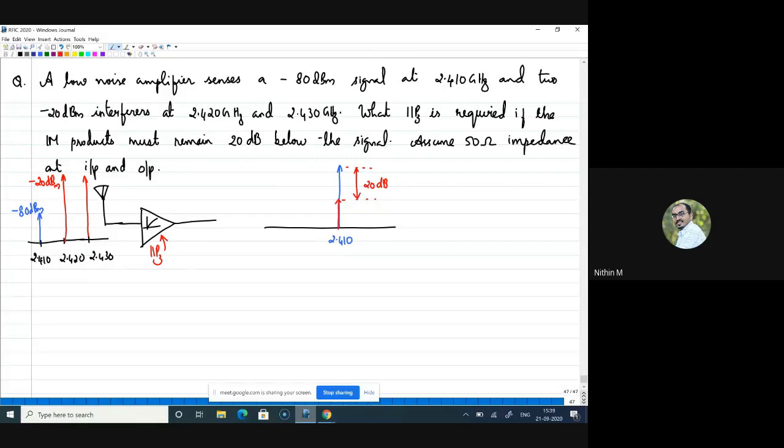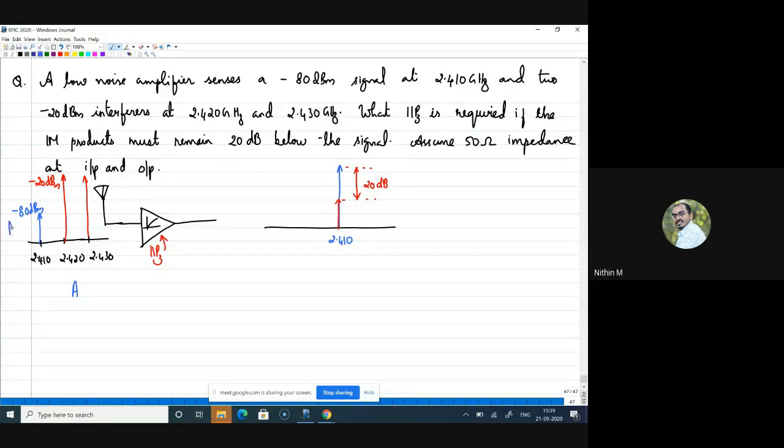Okay, let us see in this way whether we will arrive at the same answer. All right. So first, let me write the signal value here. So this I call as a signal.